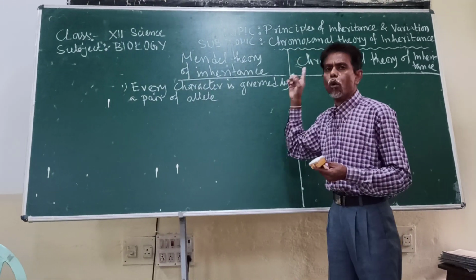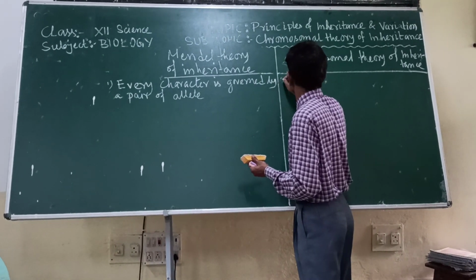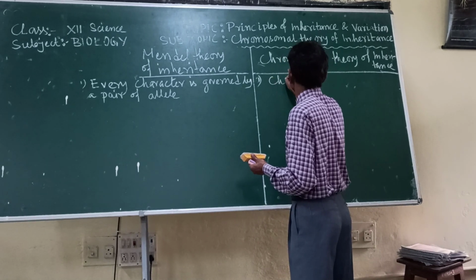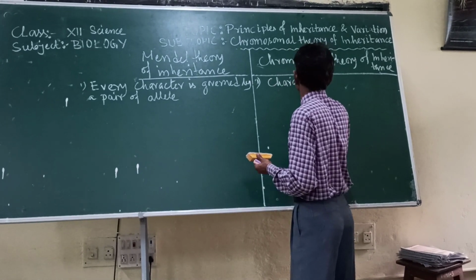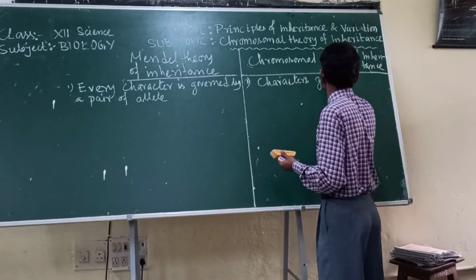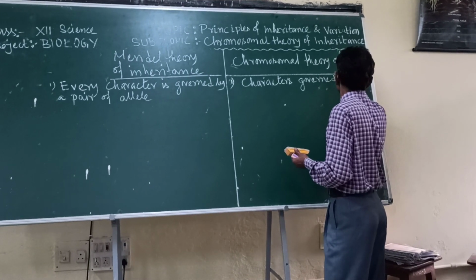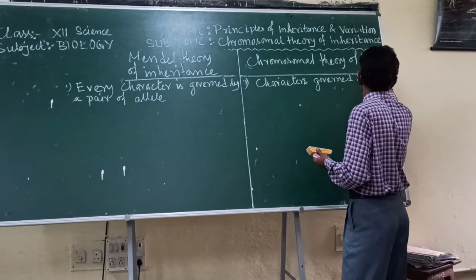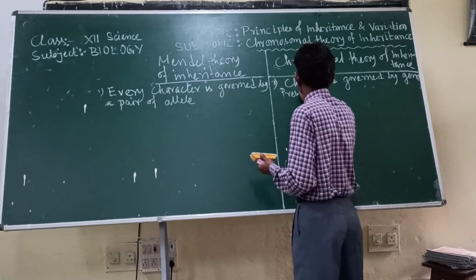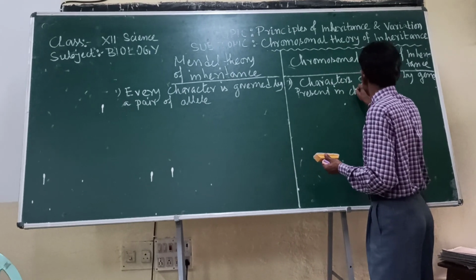Whereas Sutton and Boveri say that characters are governed by genes present in chromosomes.